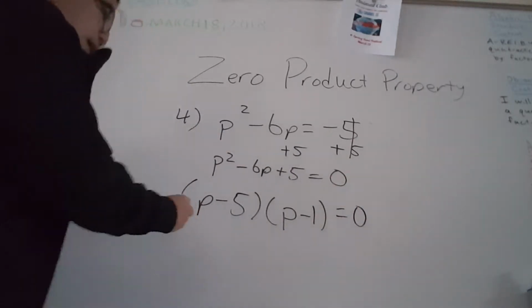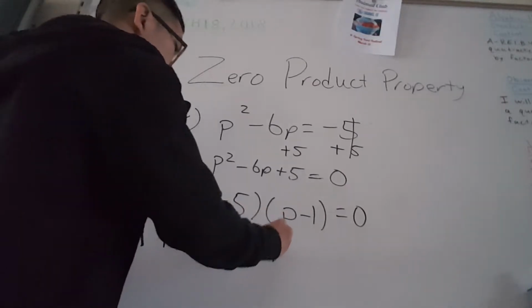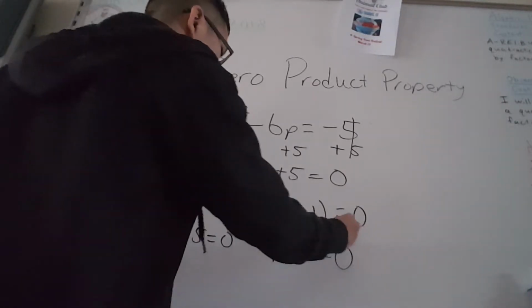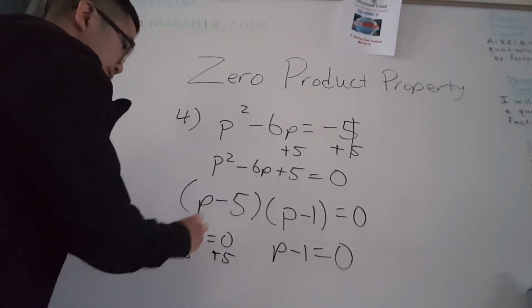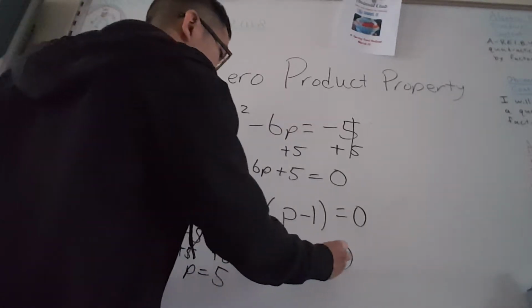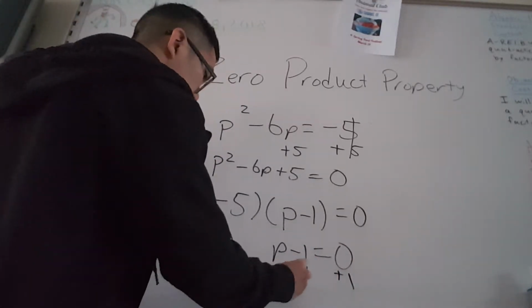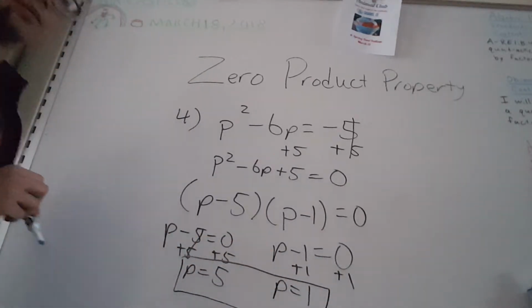Okay? And then we set this up as p minus 5 is equal to 0, and p minus 1 is equal to 0. And then you just solve each equation. p is equal to 5, and p is equal to 1. Okay?